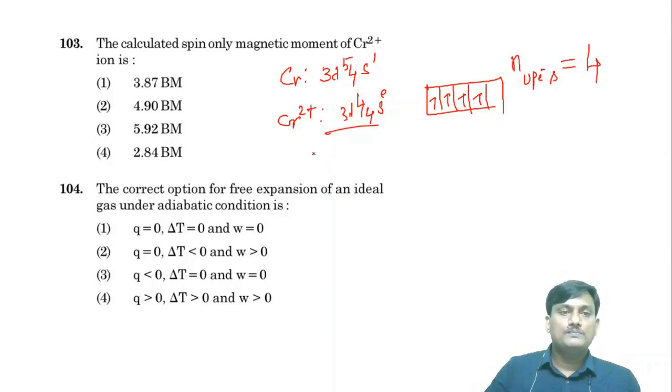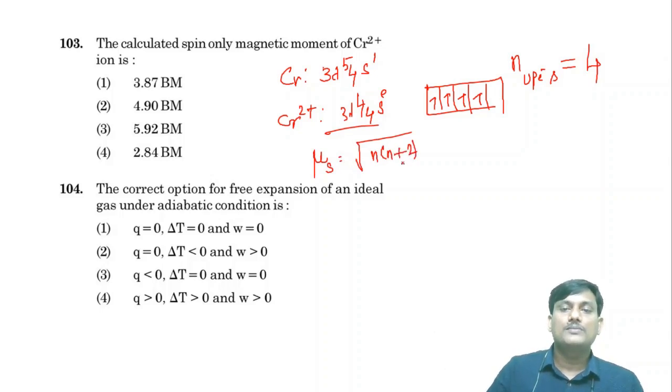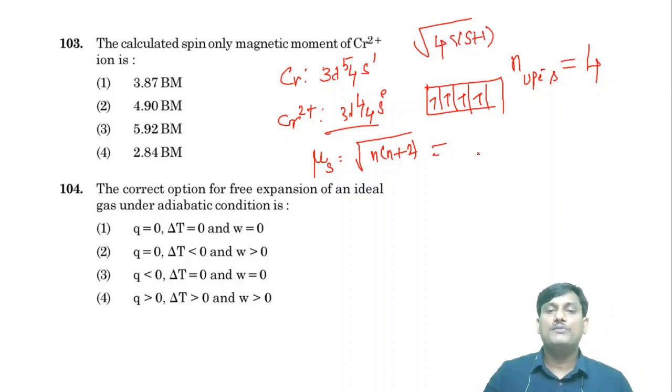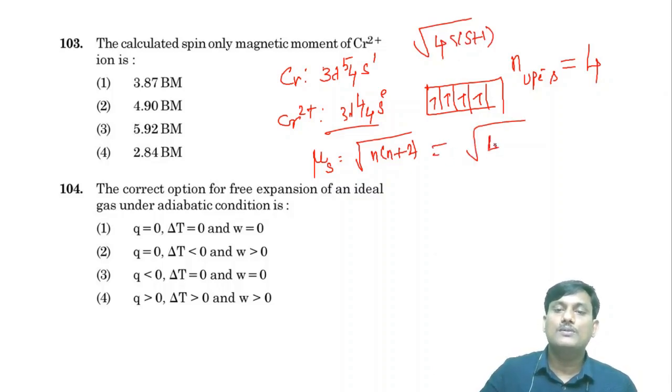Then what is the spin-only magnetic moment? Mu s is equal to root over n into n plus 2. Directly you can write root over n(n+2), or root over 4s(s+1). You can take this formula, where n is the number of unpaired electrons. So 4 into 4 plus 2, so it will be root 24.